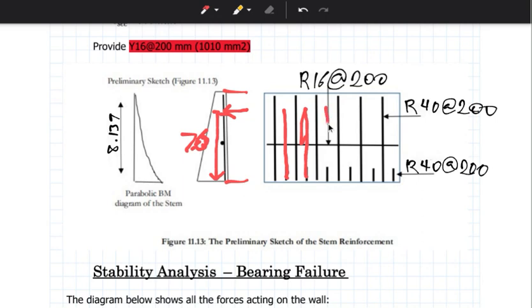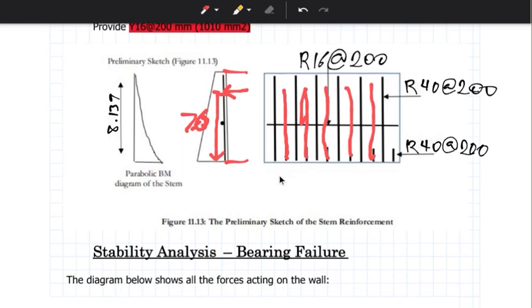You see, it is R40 at 200 instead of 100. But this longitudinal one here that extends up is also 200, meaning when you have two bars side by side, the distance between here and here still stands as 100, 100, 100, while the distance of this is 200. I don't know if this makes sense.